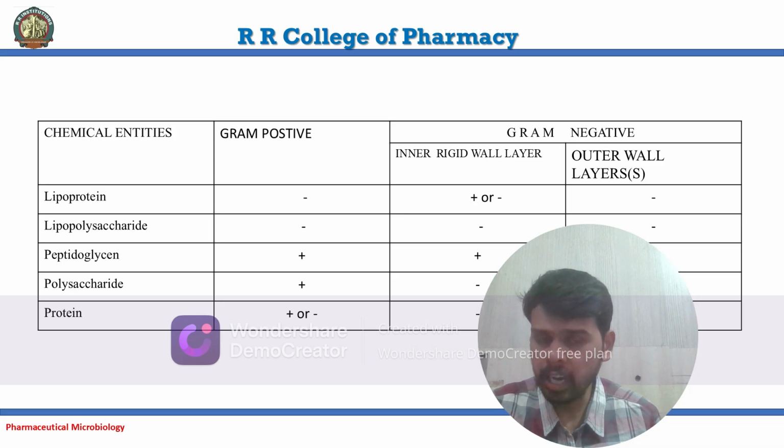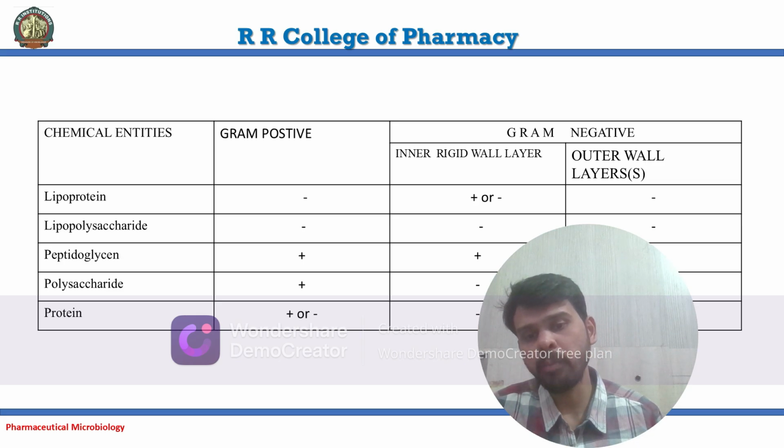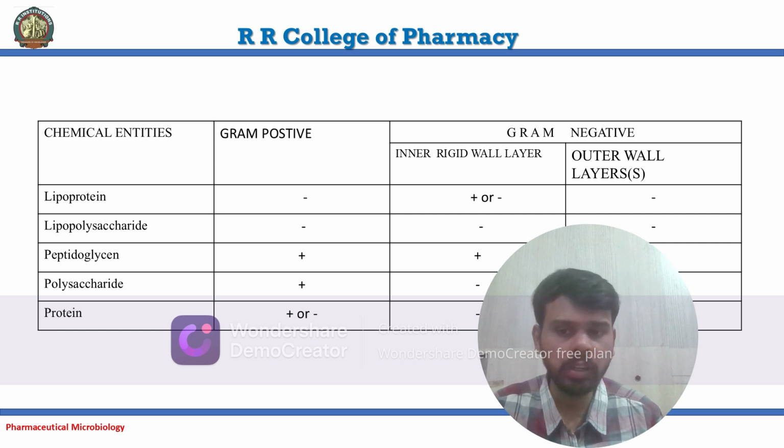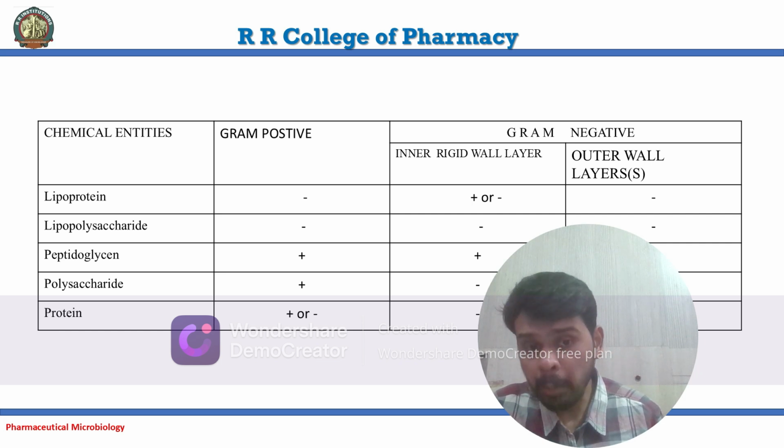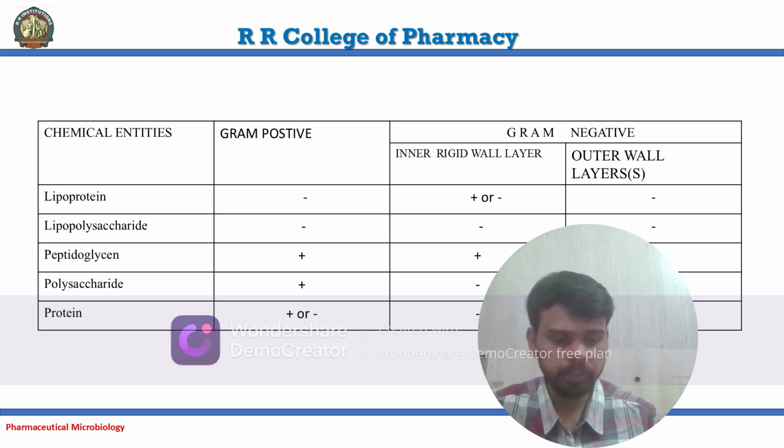Lipopolysaccharide is also absent in the gram positive, present in the gram negative. Peptidoglycan is there in both: a rigid layer in gram positive and a very thin layer in gram negative. Polysaccharides are there in gram positive, not in gram negative. Proteins might be present in gram positive, but in gram negative they are not.